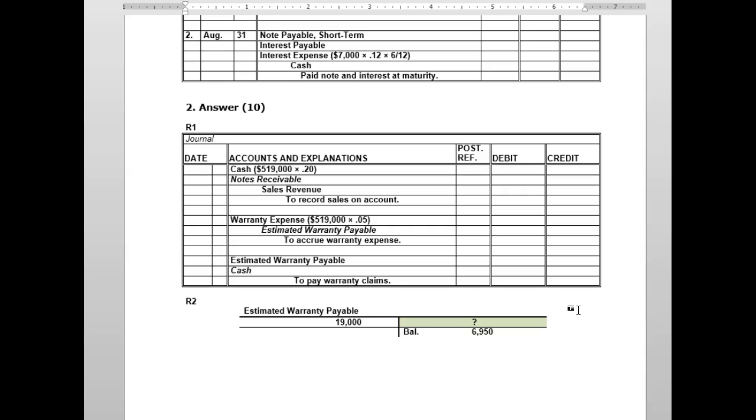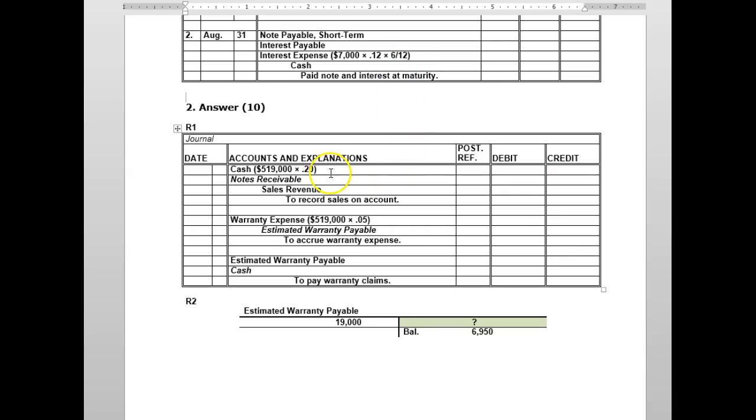And every year they look at this, and this year they've decided 5% of sales is going to be the warranty expense payable that they will probably have to pay within the next 3 years. So they set up an estimated warranty payable account. And so we're going to set all of that up as we get started here.